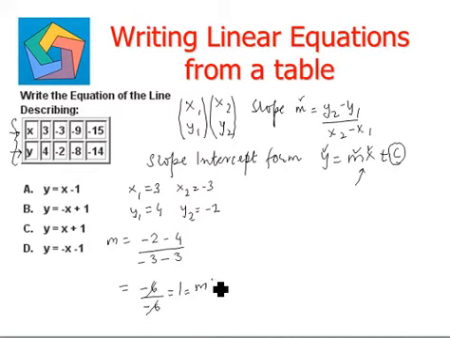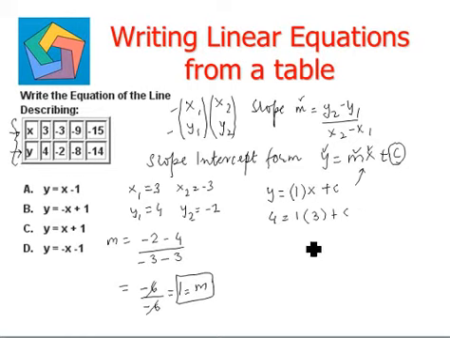We've already found one quantity for the equation. Now we'll use y equals mx plus c. Substituting the value of m as 1, from the first point we take x1 and y1 as x and y. y1 is 4, 1 times x1, which is 3, plus c. To find the value of c, we will simplify this equation.